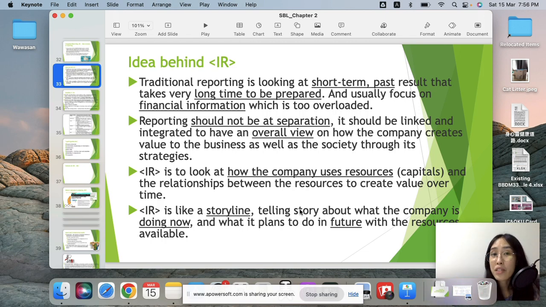Reporting should not be a separation as what I mentioned just now. It should provide an overall view to the stakeholders, right? Whether it is financial and non-financial, it should be done together, right? So integrated reporting will also help the stakeholders to see how the company use the resources in different area, and it serves like a storyline, what we are doing now and how does it affect our future strategy.